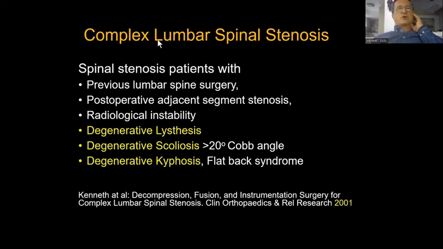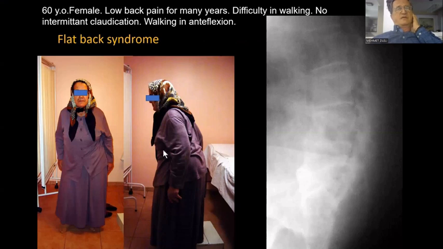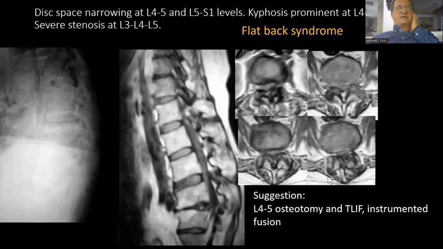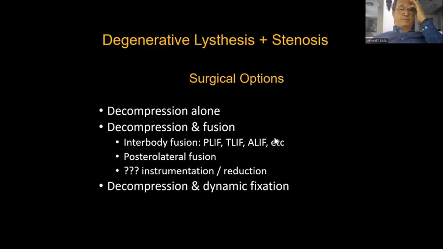So there is the so-called complex lumbar spinal stenosis, the term, which has such features as you see here. This is a typical case of a lady with flat back syndrome. Even in the plain films, you can see a kyphotic lumbar spine, and I recommended a fusion surgery for this lady.